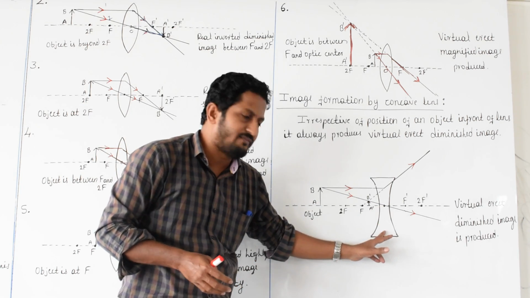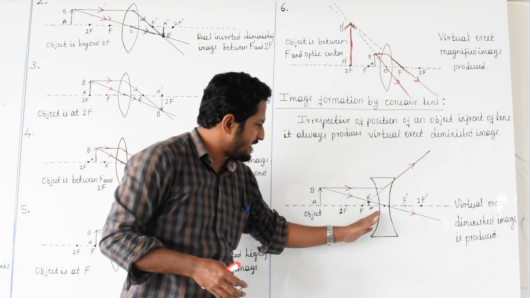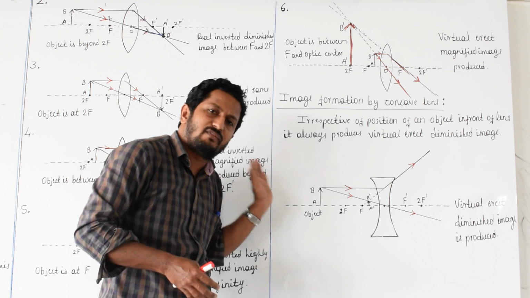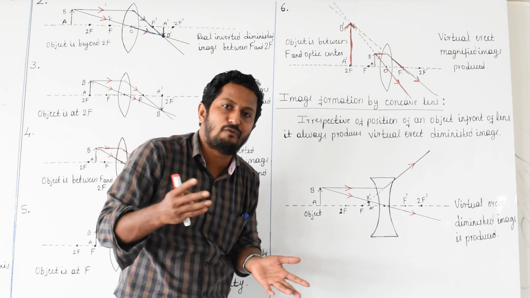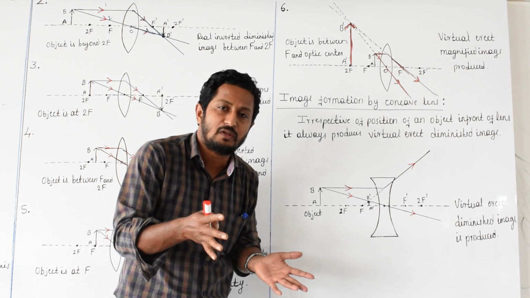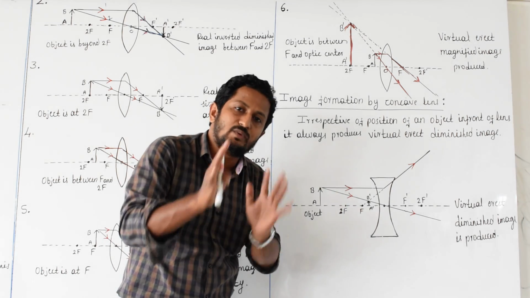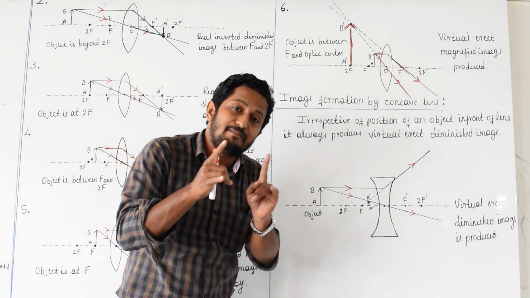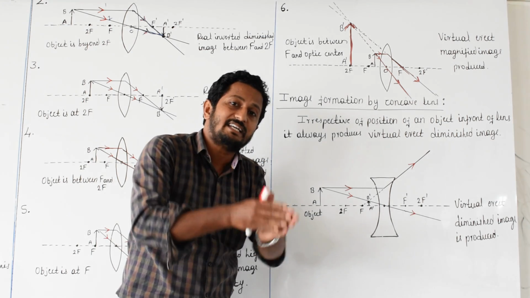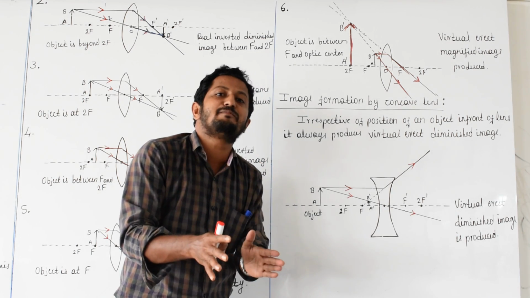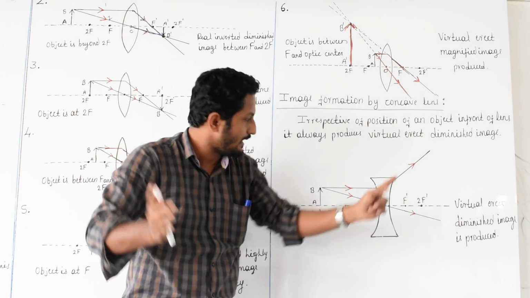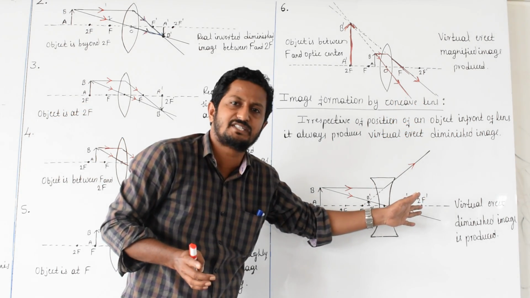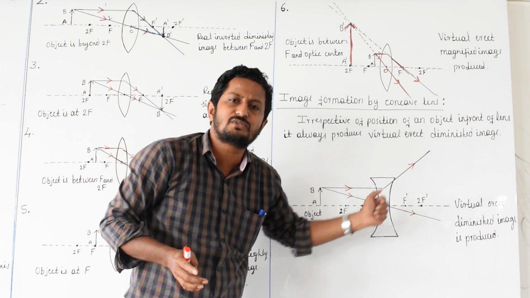Keep objects at different positions in front of that concave lens and draw the ray diagram by following the laws of refraction. Always you will get virtual erect diminished images because of its diverging nature. Because of its diverging nature, it is not going to produce a real image.